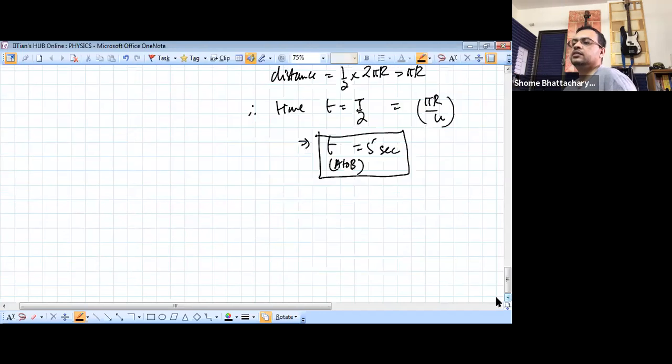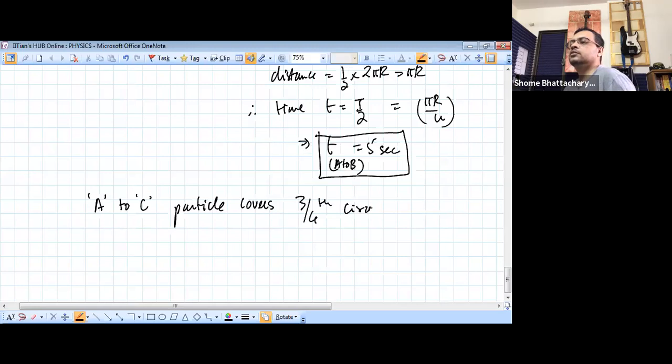Similarly, you can see that A to C, the particle covers 3/4 of the circular path. That means the distance is equal to 3/4 of 2 pi r.